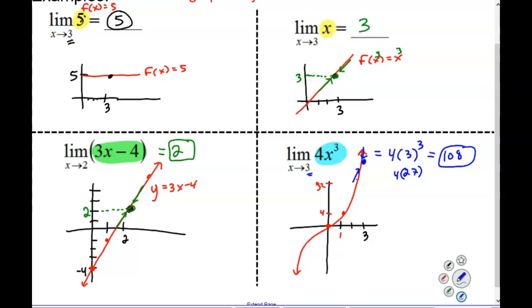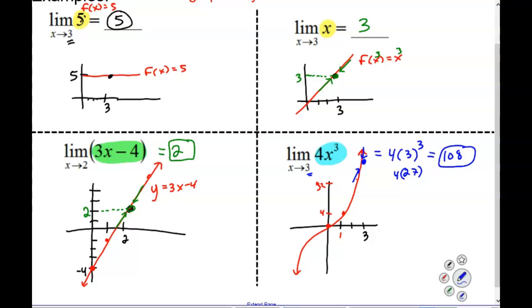So, here's the idea. If you just have a polynomial function, this is called direct substitution. You just plug in the value. You don't need a graph, but hopefully this graph all makes sense. That's how we built it on limits. We looked at it graphically first, and now we're getting to the algebraic side.